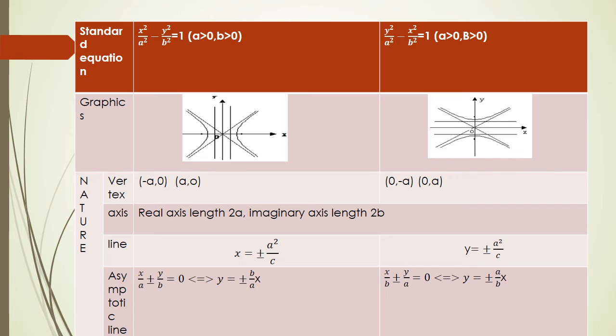For vertex, line, and asymptotic line, they look the same, but actually they are totally different. We need to pay more attention to that because they are very easy to mix up. But as for axes, they are the same. Real axis length 2a and imaginary axis length 2b. This is quite easy to remember.